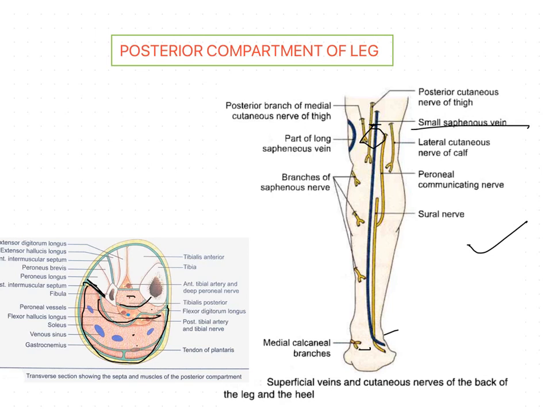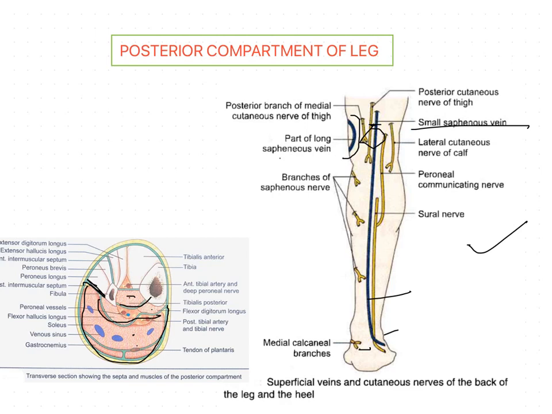This is the small saphenous vein, and this one is the long saphenous vein. The long saphenous vein we can see on the medial border of the posterior medial side of the knee on the posterior compartment of the leg.